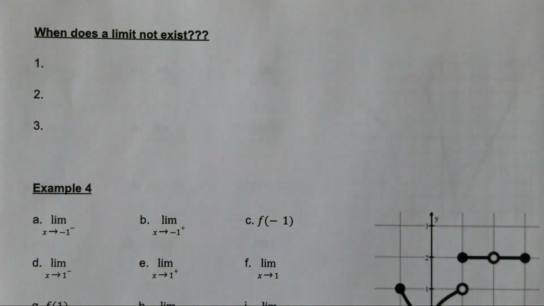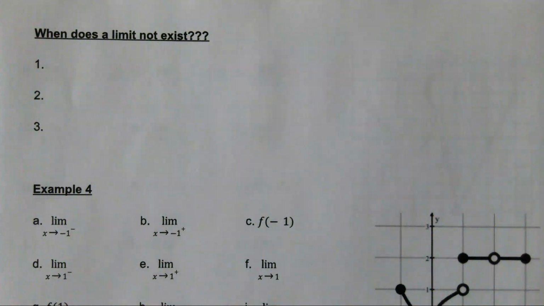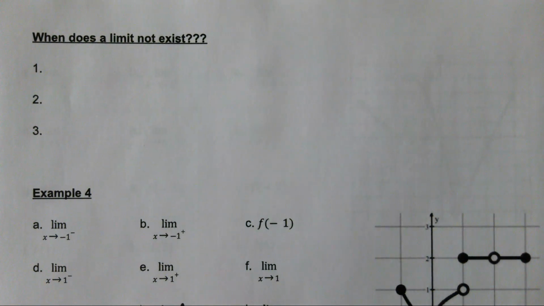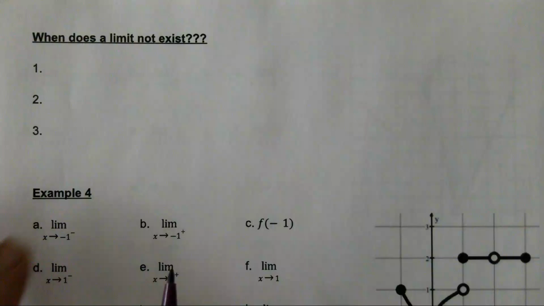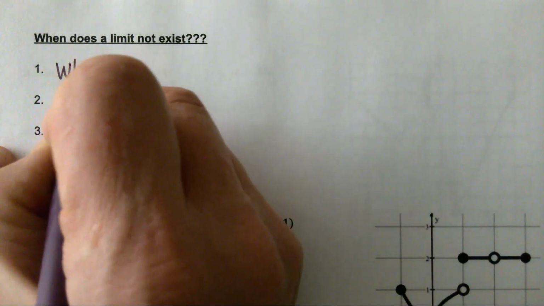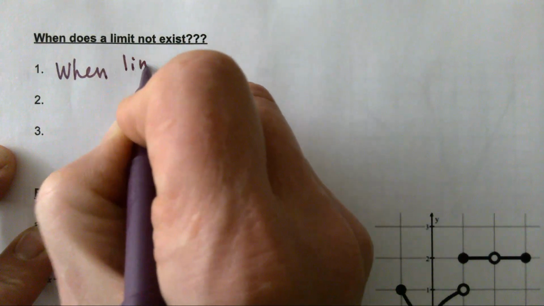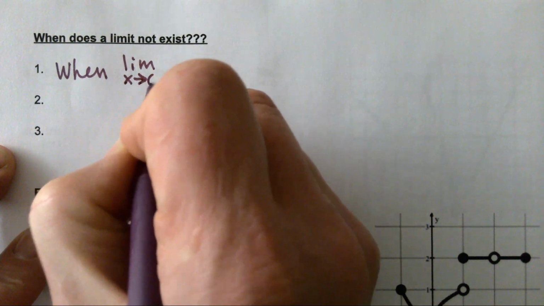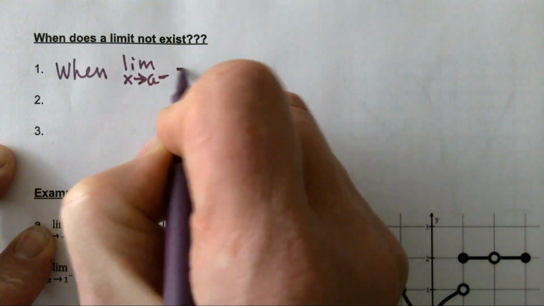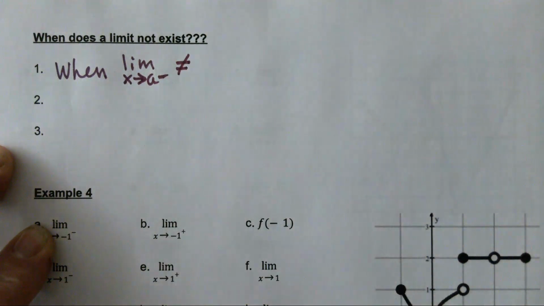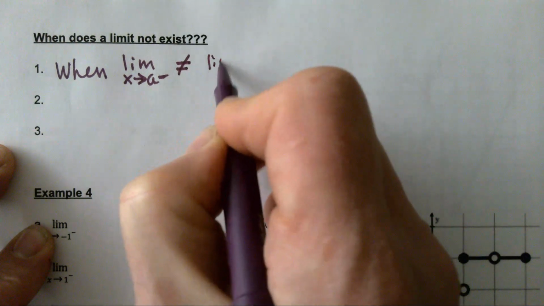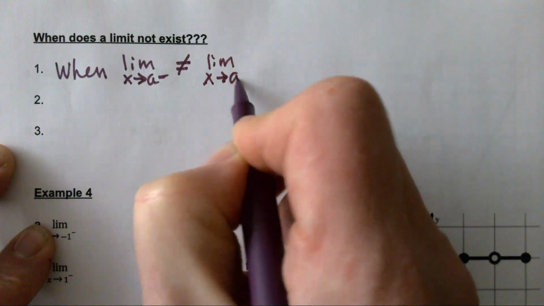When does a limit not exist? There are 3 times that we discuss when a limit does not exist. The first one is when they don't meet. We say, when the limit as x approaches a from the left is not the same as the limit as x approaches a from the right.